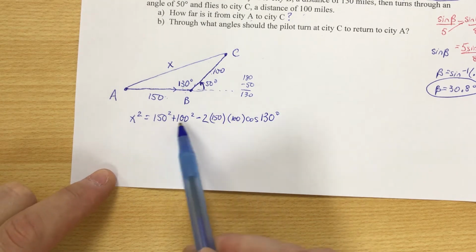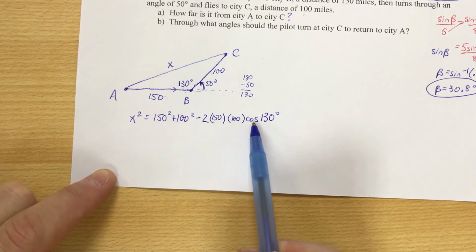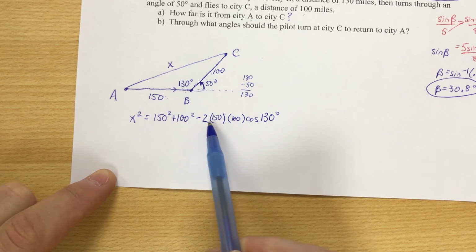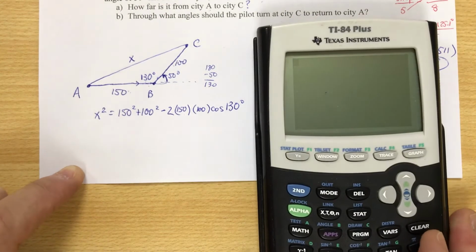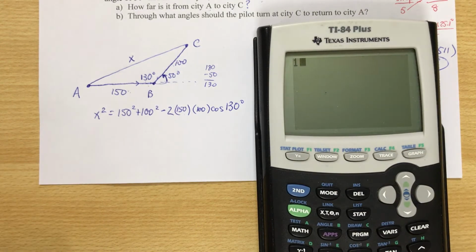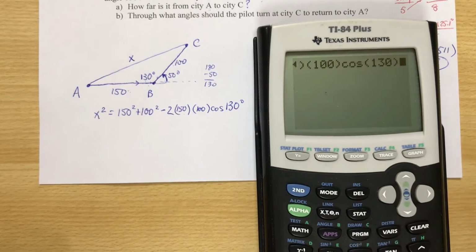Now, because everything is on the same side, we can just go straight to the calculator and type this. Remember, all of these are being multiplied here. All right, so let's see. We'll do 150 squared plus 100 squared minus 2 times 150 times 100 times the cosine of 130.